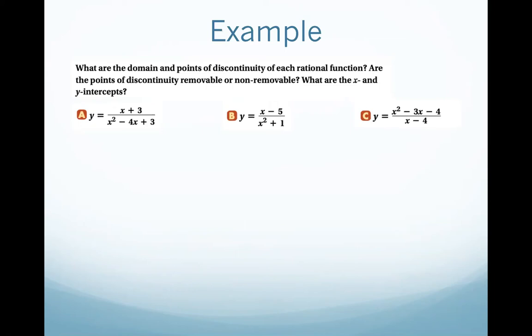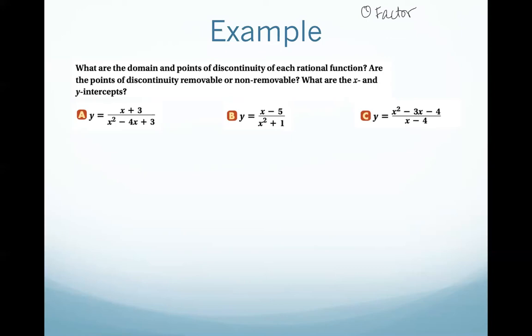The first step for these is to notice that these are fractions, and in order to simplify a fraction, we need to factor. So our first step here is going to be to factor to see if we can simplify any of these fractions. If we can simplify them, that means the discontinuity is removable. And then I'll show you if we can't simplify it, how do we find the discontinuity?